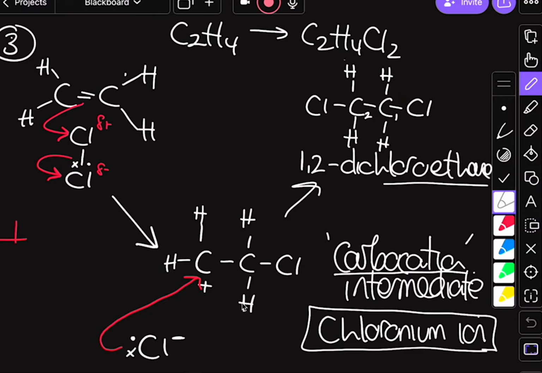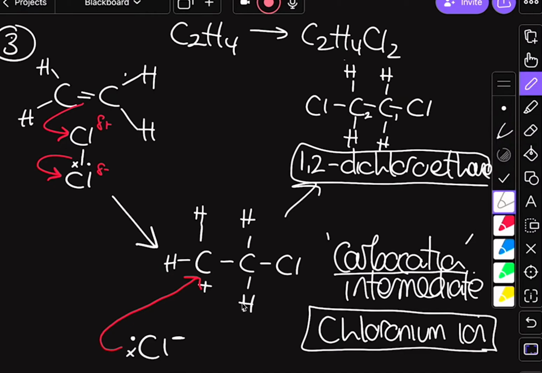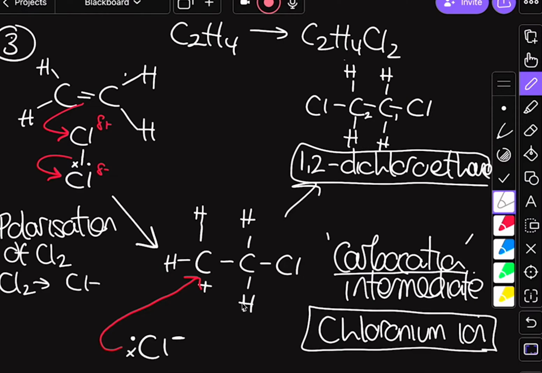We always put in our product when we're done, just so the SEC know what it is you have made. The 3 diagrams will always get you the vast majority of the marks. We reiterate the polarization of your chlorine, so that is the Cl2 becoming Cl with a delta positive and a delta negative.